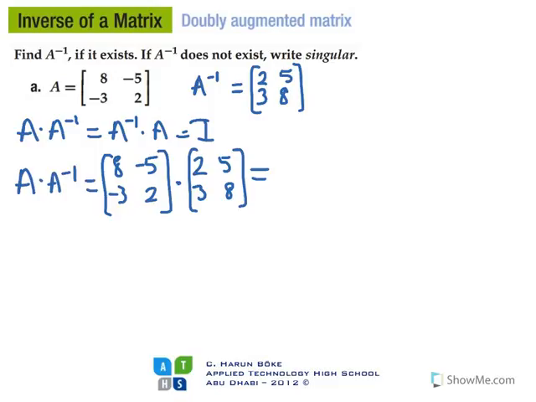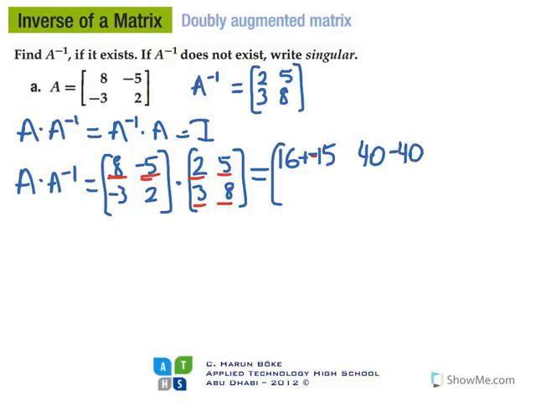Multiplying these two matrices will give me 8 times 2, which is 16, plus minus 5 times 3, which is minus 15. Then 8 times 5 will be 40, and minus 5 times 8 will be minus 40 here.